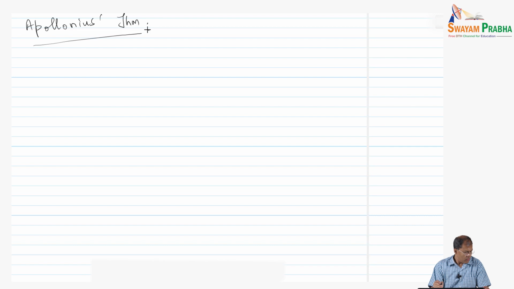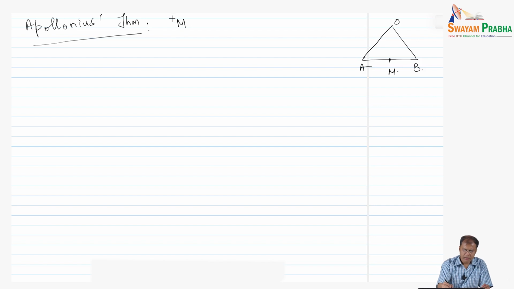Okay. So what it says is, suppose we have, let me draw the triangle first and then it will become easier. So we have the triangle OAB and let me say that M is the midpoint.